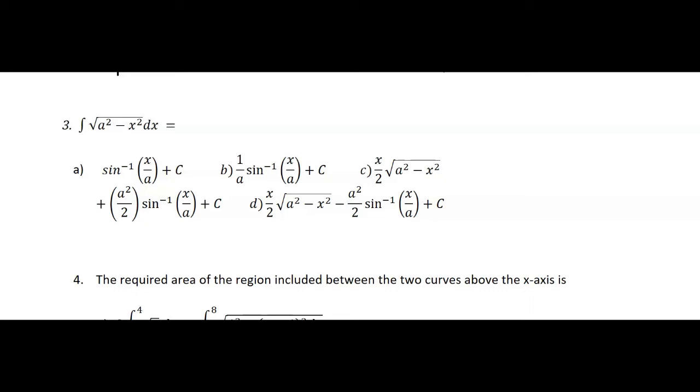This is one of the formulas which we've studied earlier. Integration of root of a squared minus x squared dx is x by 2 root of a squared minus x squared plus a squared by 2 sine inverse of x by a plus c. So option C is the correct answer.